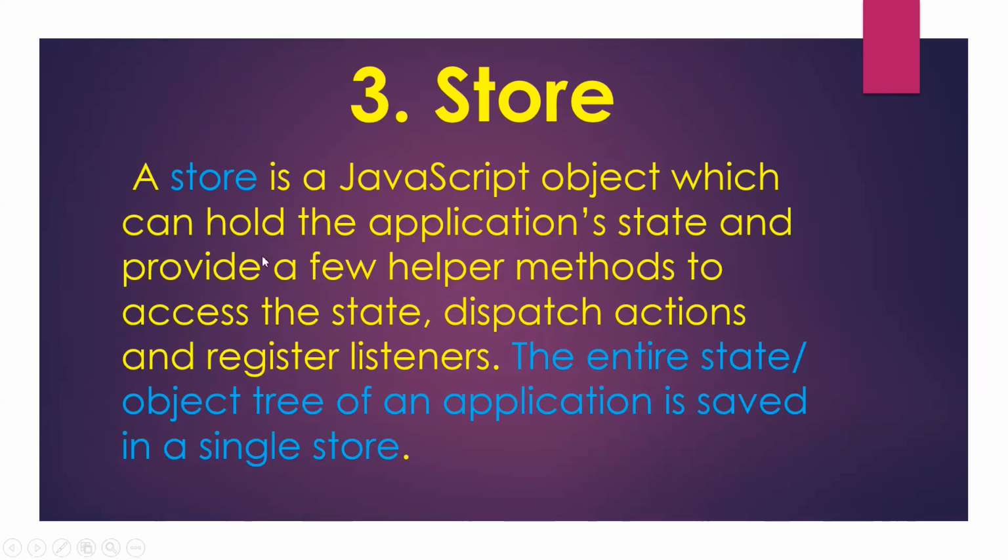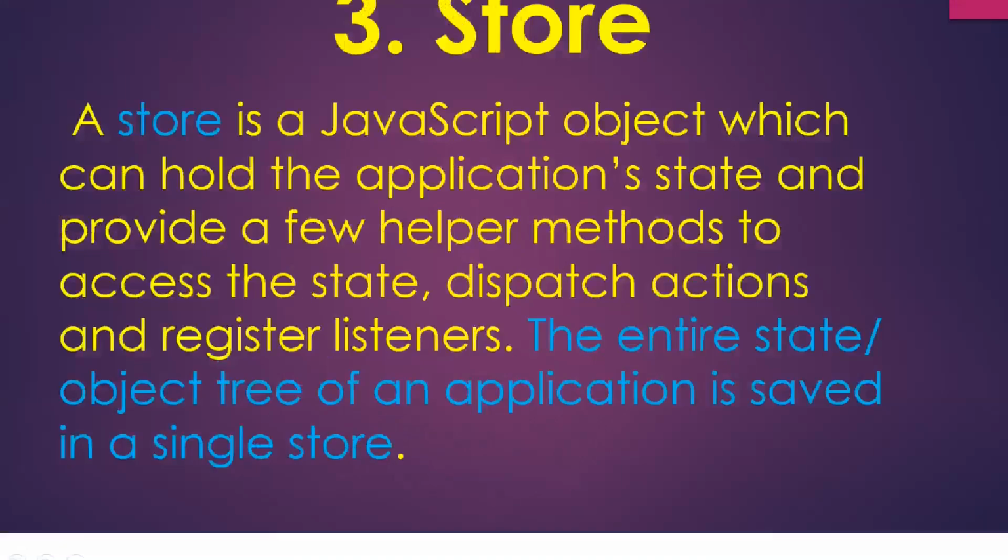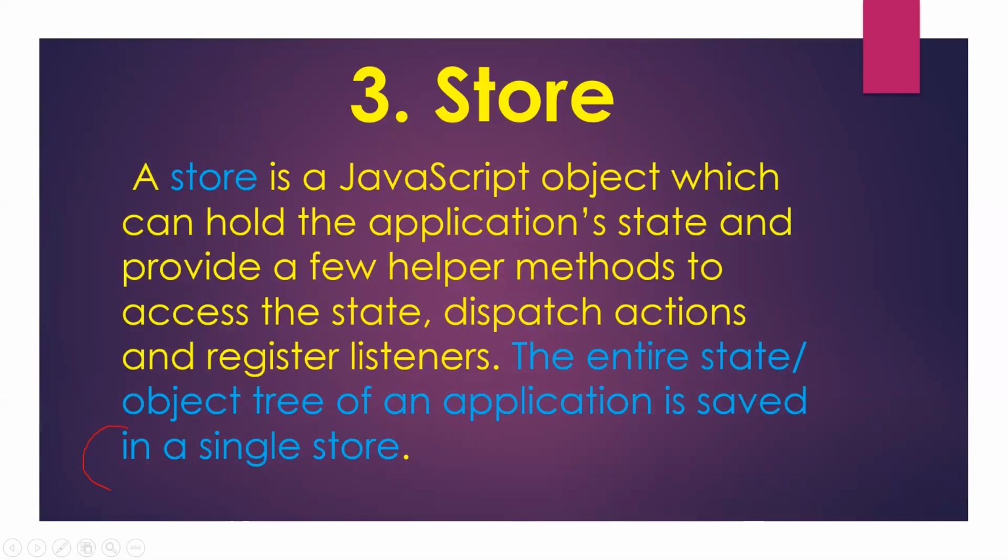Store is a JavaScript object which can hold the application's state and provide a few helper methods to access the state, dispatch actions, and register listeners. The entire state object tree of an application is saved in a single store. So now you understand, as its name suggests, the store is for storing the application state.